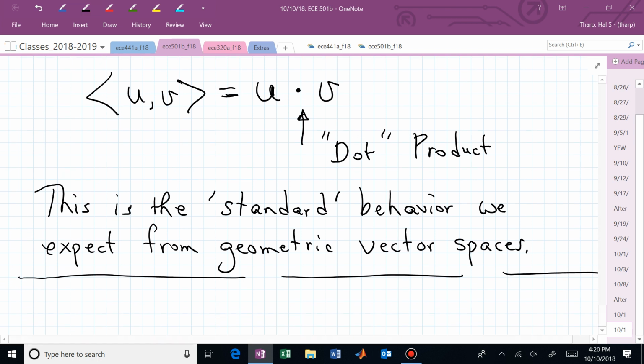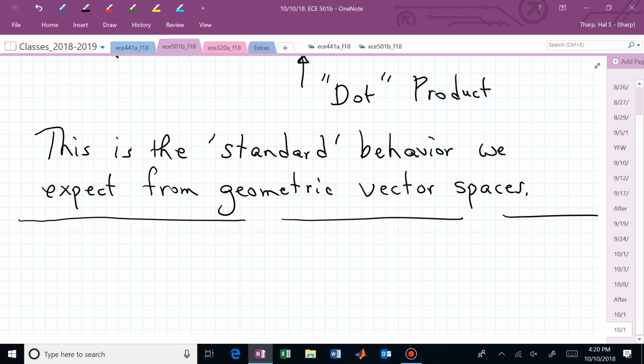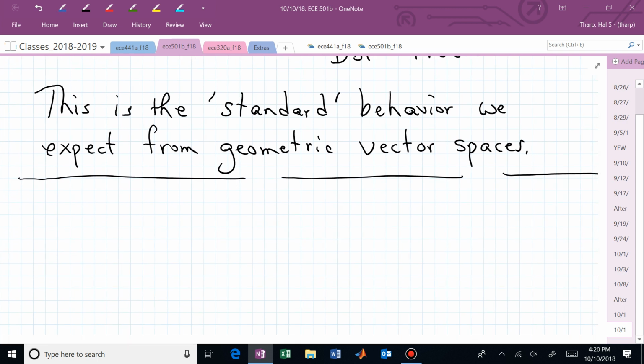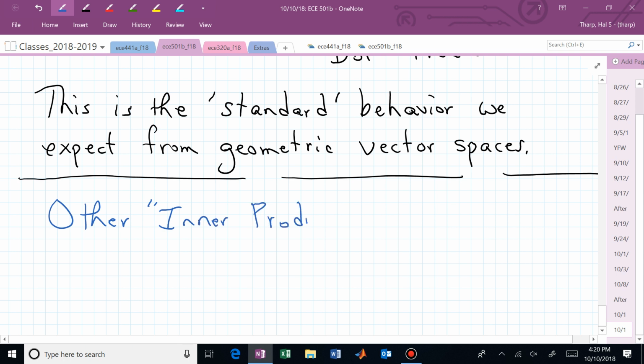Let's look at some others that try to generalize this concept or give us a more broad perspective on this concept. So here, let's look at some other inner products.